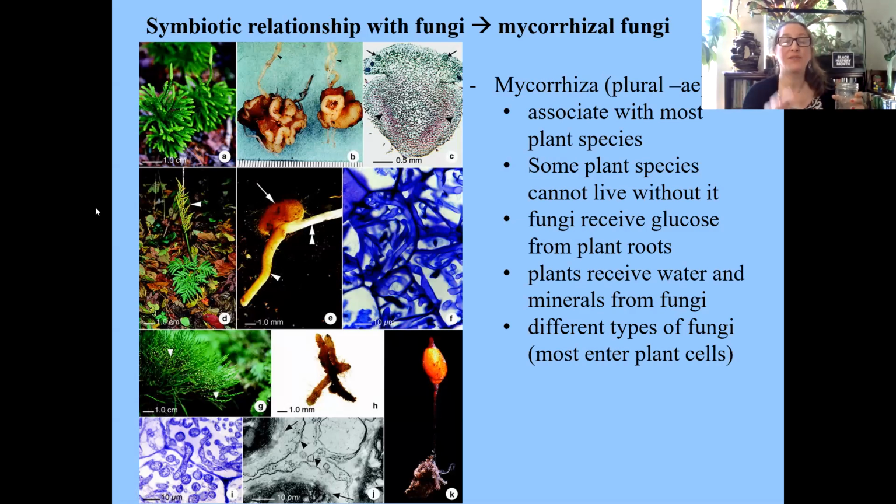And so lots of gametophytes in Lycopodium have this relationship. These mycorrhizae are very common in the plant world, and they do associate with a lot of plants, but a lot of the Lycopodium have this relationship with the gametophytes.